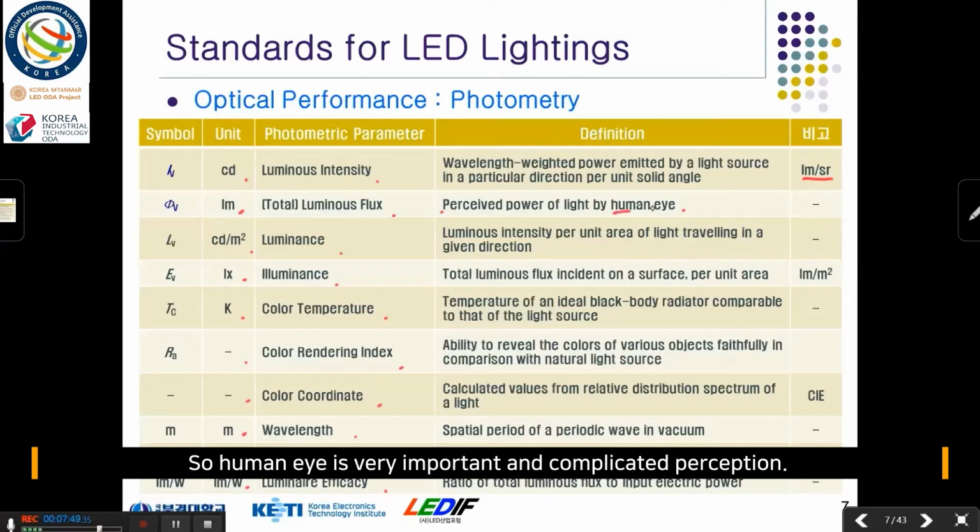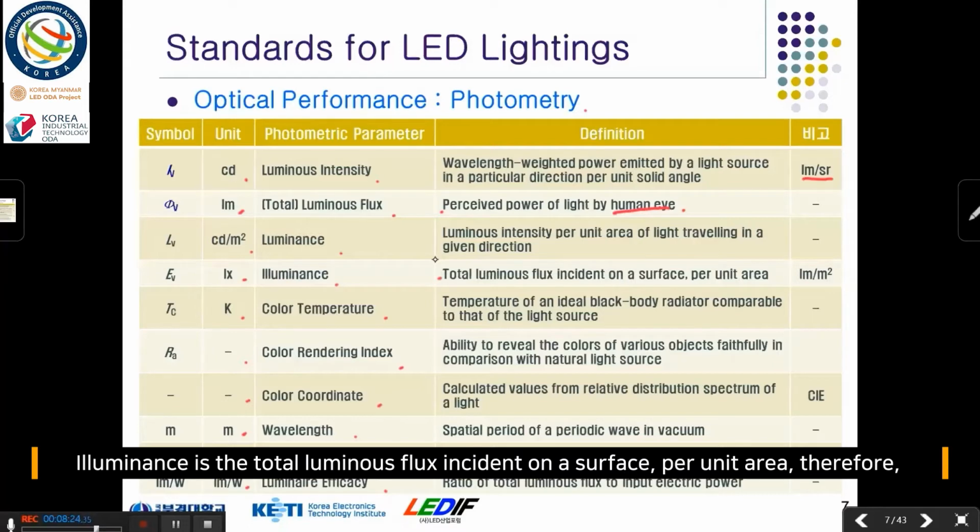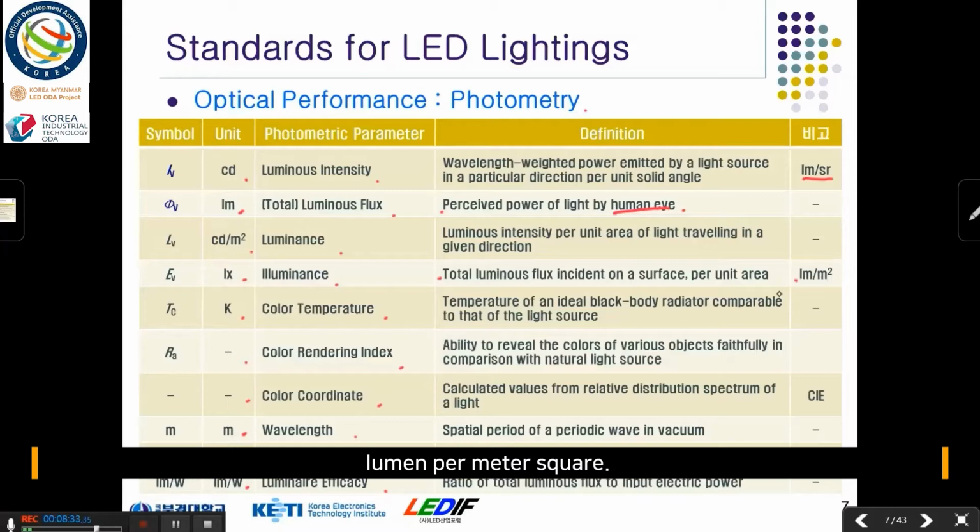So the human eye is a very important and complicated perception. Luminance is luminous intensity per unit area of light traveling in a given direction. Illuminance is the total luminous flux incident on a surface per unit area. Therefore, lumen per meter square.